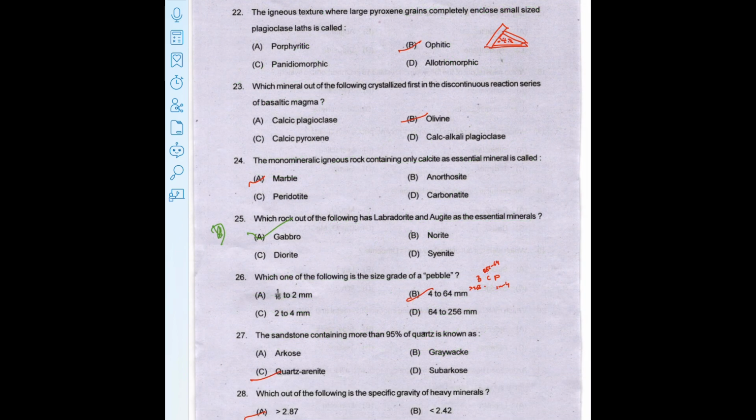Now the next question: the igneous texture where large pyroxene grains completely enclose small-sized plagioclase laths is called. The correct answer will be ophitic, because texture speaks about the grain to grain relationship, how the grains are related to each other. If all the grains are of the same size, it is equigranular texture.